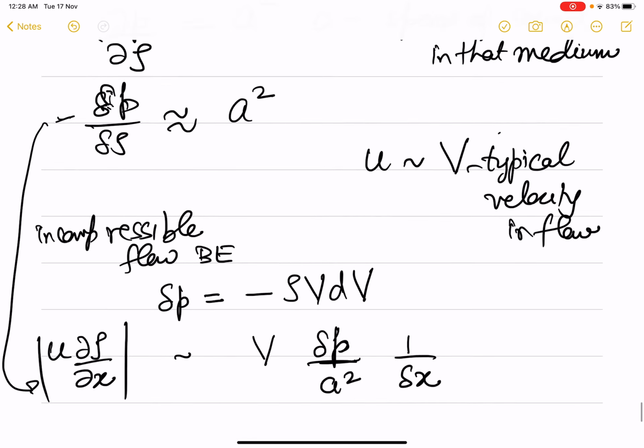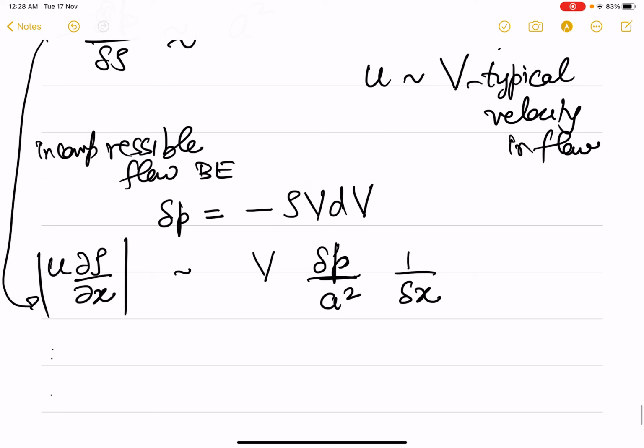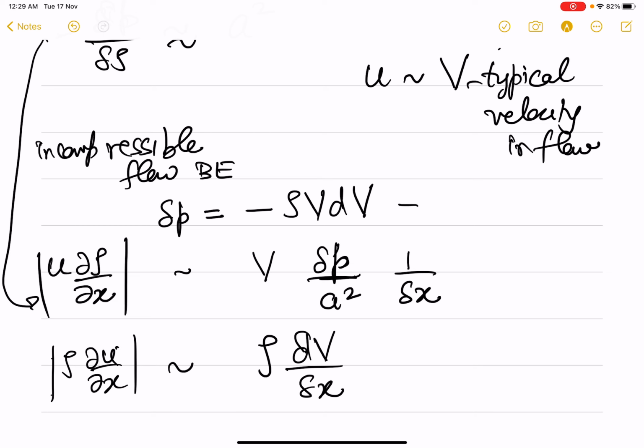Now the second term is rho du by dx. So for this I am going to use rho will be rho, du by dx I will use delta v by delta x, and this I will also use delta interchangeably with dv.